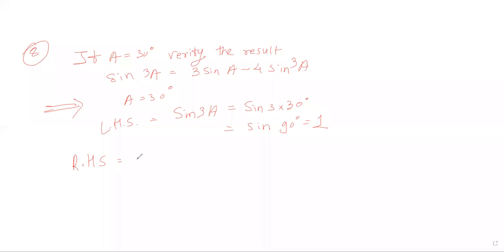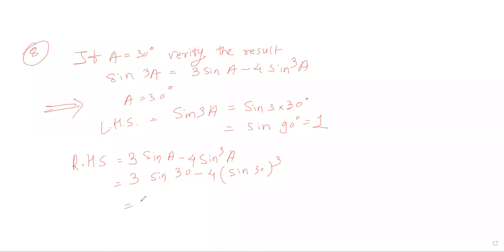Right hand side is 3 sin A minus 4 sin cube A. Now put in the values. 3 as it is, sin A where A is 30, minus 4 sin 30 degrees cube.